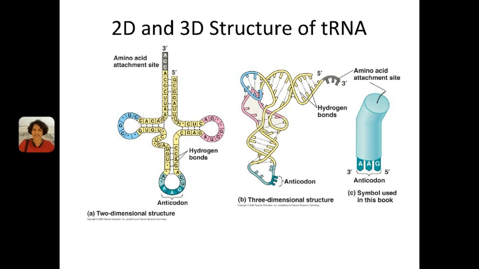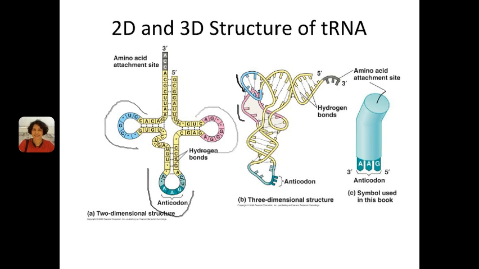Now the cloverleaf is going to fold upon itself and give you the 3D structure, which is the L shape. Notice the color coding. You've got a pink loop here, and you have a blue loop over here, and a green loop. So the pink loop and the blue loop are going to be interacting, they're sort of superimposed on each other.